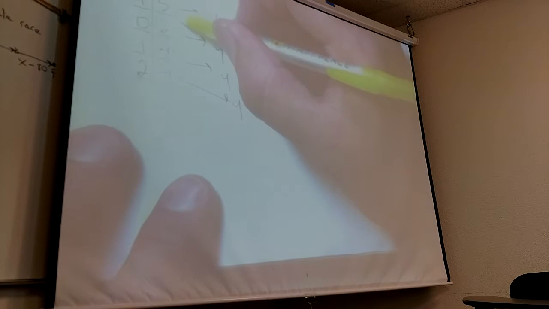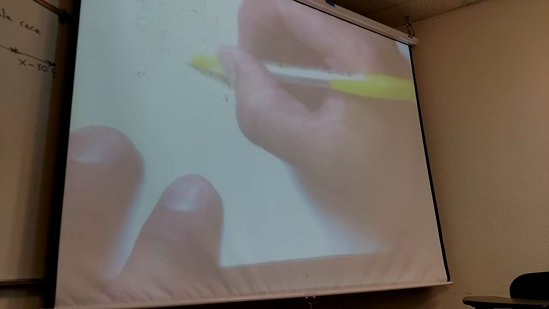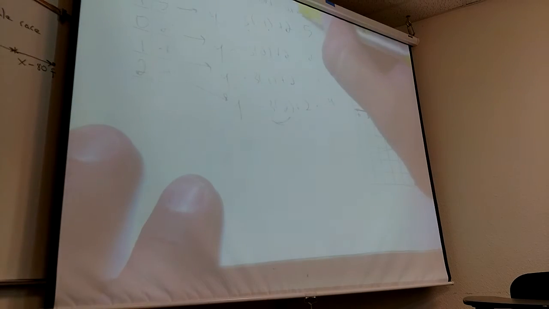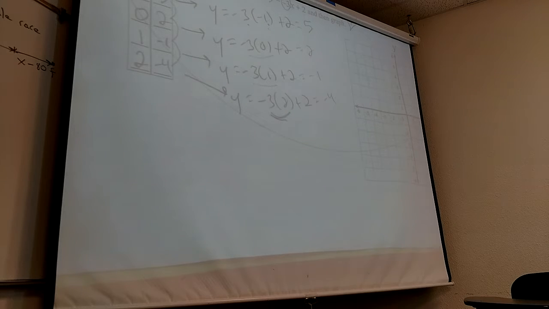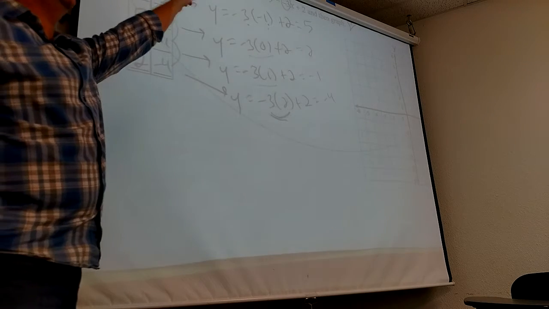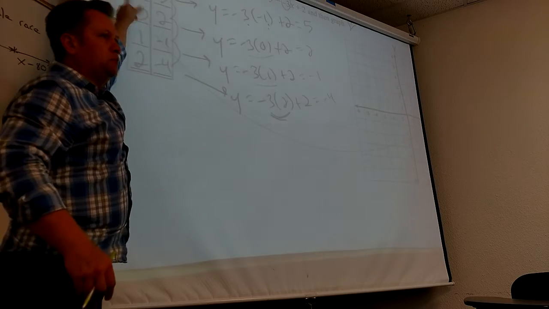How much did this go down by? 3. And see how that's a -3? Some of you guys know what that -3 is for this line. We'll talk more about that, but it shouldn't be a surprise that since these points come from a specific relationship between x and y, I see a relationship in the x's and y's.